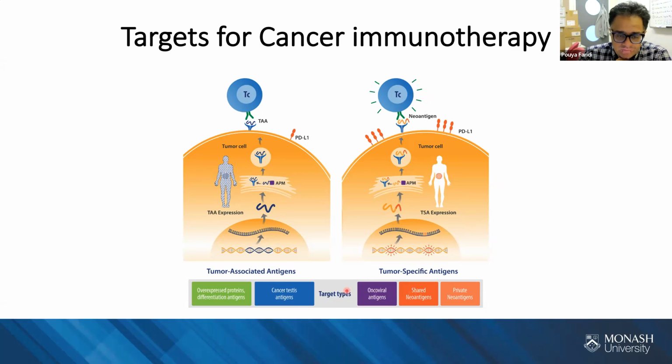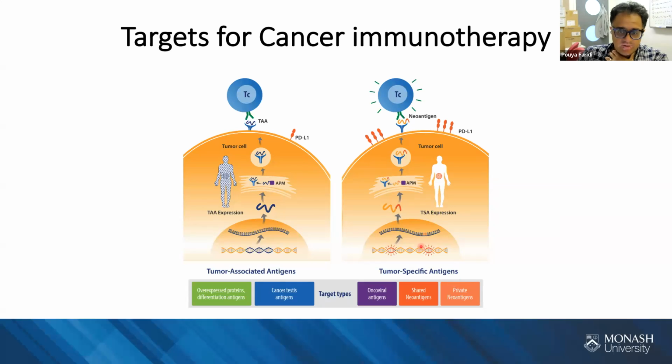So we have two general classes of tumor antigens, meaning HLA-bound peptides that are unique to tumors. One is tumor-associated antigens. They usually come from overexpressed proteins or cancer-testis antigens. The other is tumor-specific antigens, which derive from oncoviral antigens or neoantigens.